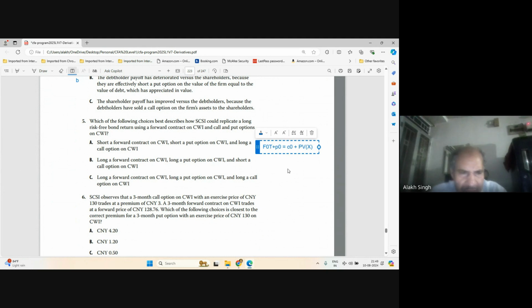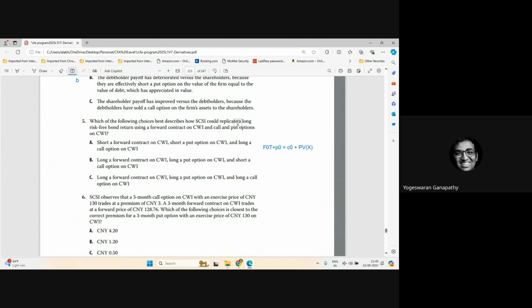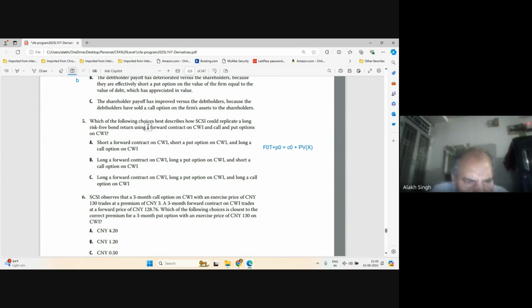Now what is it telling? You have to short the call option, and B would replicate a long risk-free bond, meaning PV. So B: long forward contract, long put option, and short call option. B.